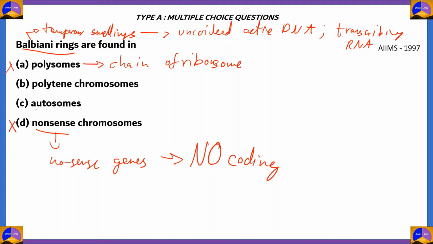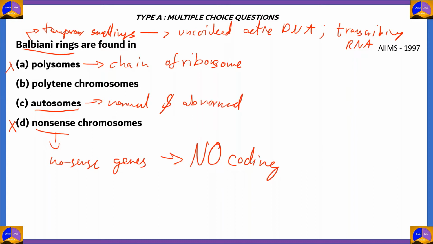What about option C, autosomes? Now, the term autosomes refers to the chromosomes inside the body which are not determining the gender of the individual. However, autosomes can be both normal and abnormal.